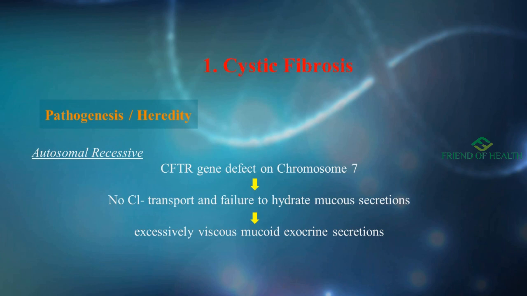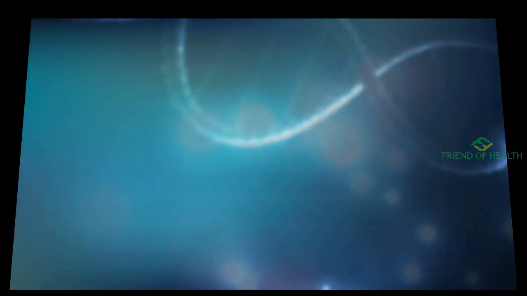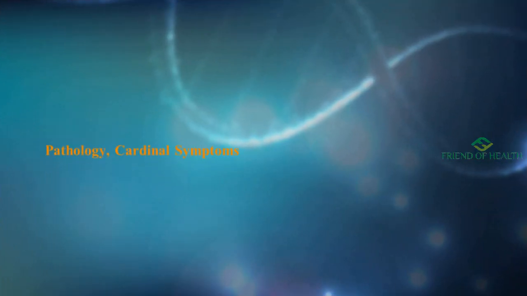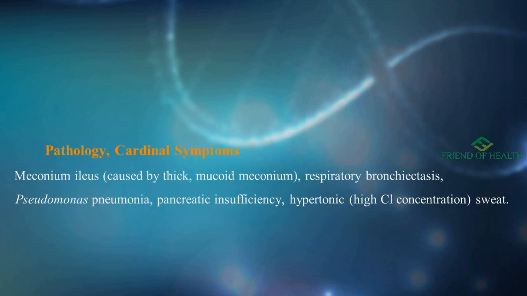So cystic fibrosis, a very important question. Keep it in mind. We will see the cardinal symptoms or the pathology. Meconium ileus caused by thick mucoid meconium, that is one pathology or cardinal symptom or presentation. Respiratory bronchiectasis, Pseudomonas pneumonia, pancreatic insufficiency.